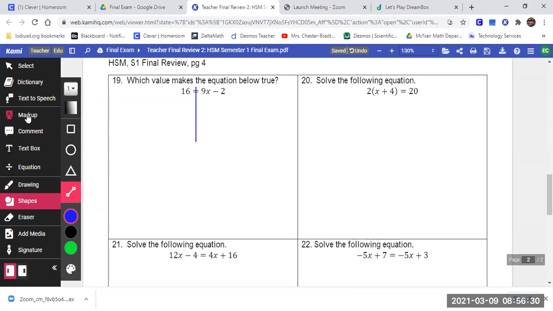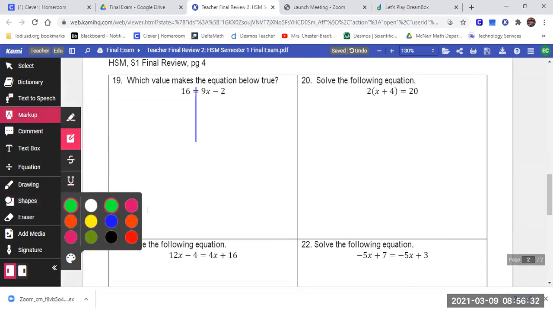I need to do what first? What always happens first when I see a problem like this? Do I do big zeros first or big ones first?